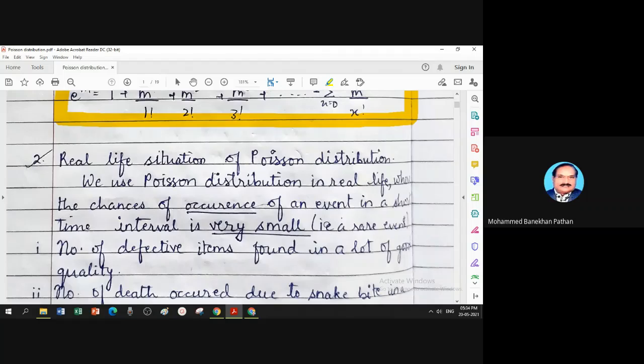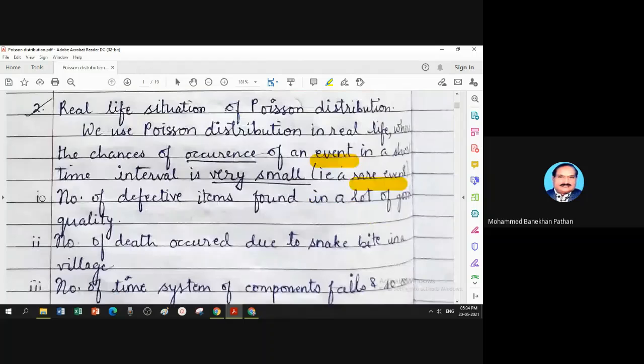That is, the event under study is a rare event. So if you have a rare event, then you can think of the Poisson distribution. What are the examples? Number 1, the number of defective items found in a lot of good quality.